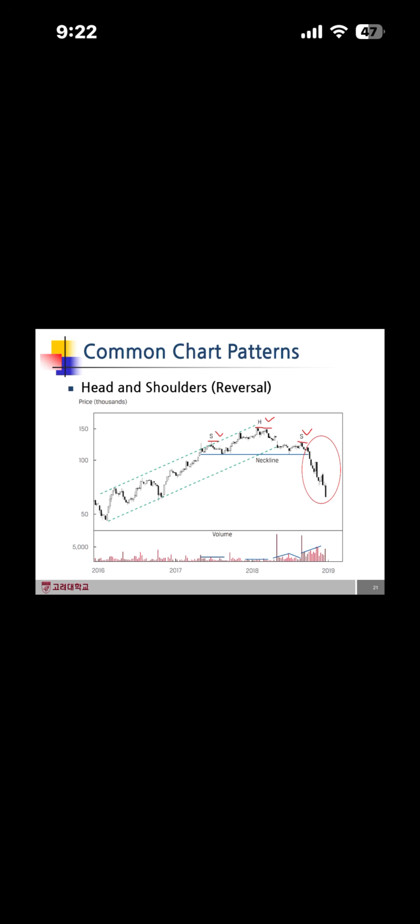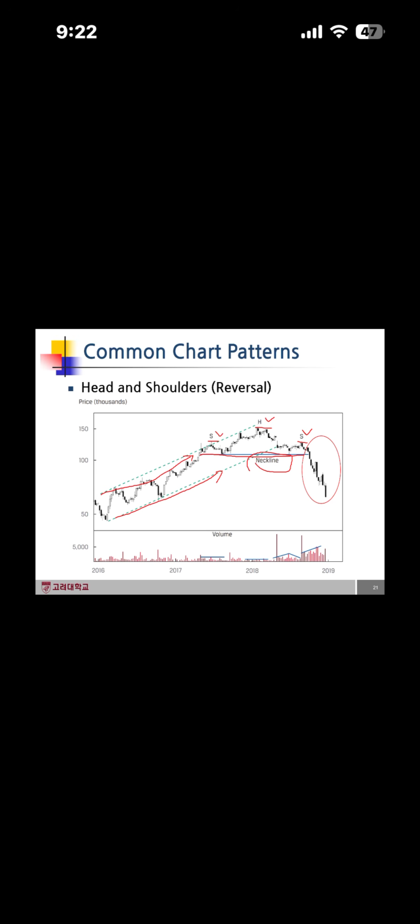Another important feature is the neckline, which connects the two troughs between the shoulders and the head. So it's kind of a support level, right? And there is a clear previous uptrend, so higher highs and higher lows.